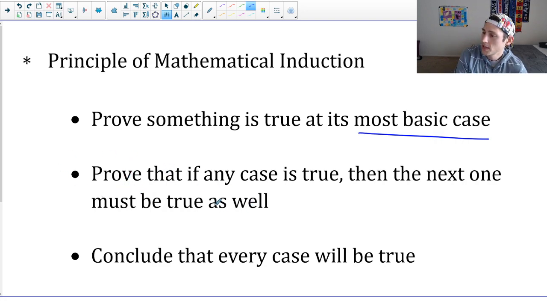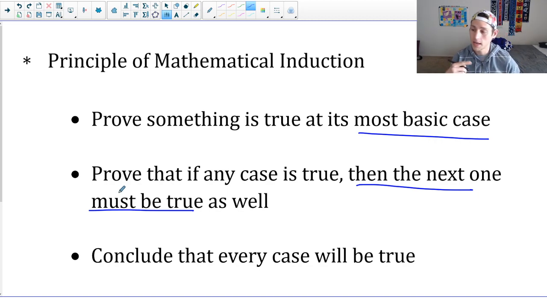Second step, prove that if any case is true, then the next one must be true as well. Okay, so can we prove that if any domino falls, right? It doesn't matter which one, but if any domino falls, can we prove that the next one will also fall? And then step three, conclude that every case will be true. So that's what we did. We knew that if the first one falls, then every subsequent one will fall as well.